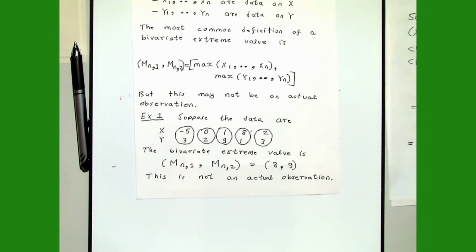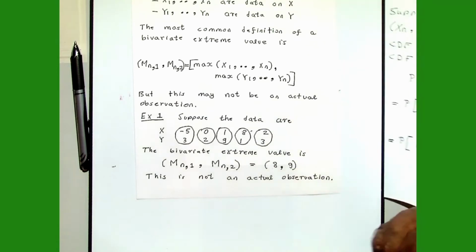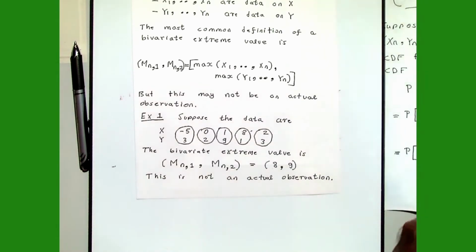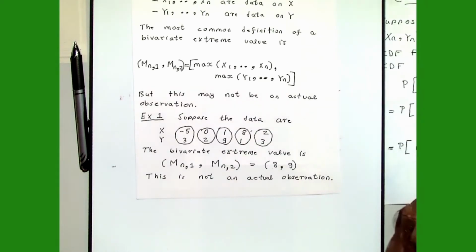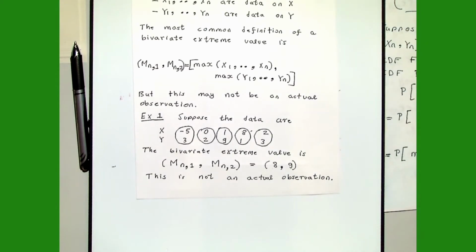The next question is, you may remember when I talked about the univariate extreme values, we looked at the distribution of the extreme value after it has been scaled. So that's what I'm going to do now.